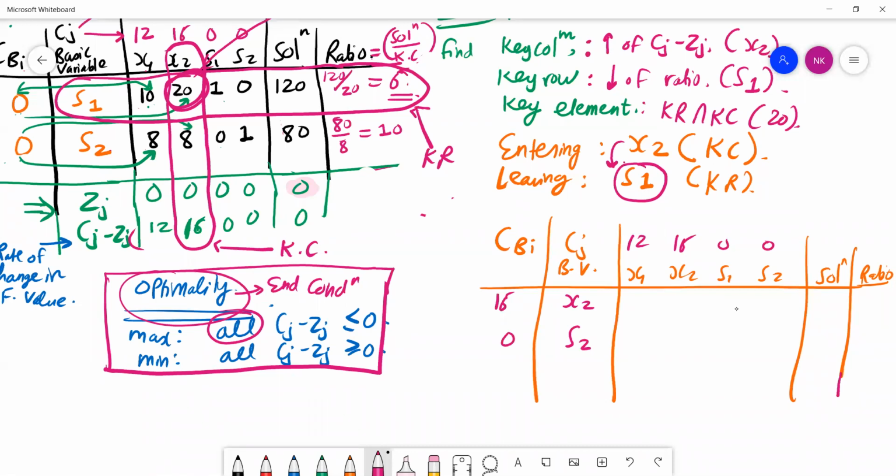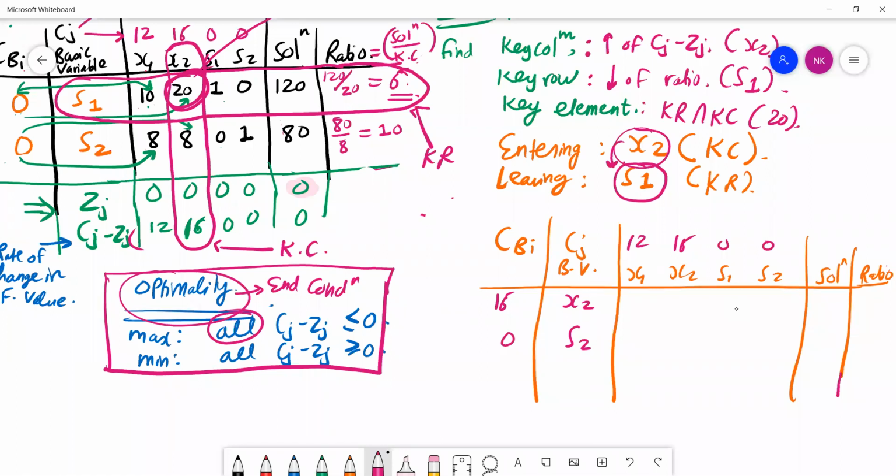So what we have done, we have removed S1 and we have entered X2 in our calculation. So X2 will be entered in this table. We have found out that S1 is not contributing much in our profit, because it has a very low ratio.